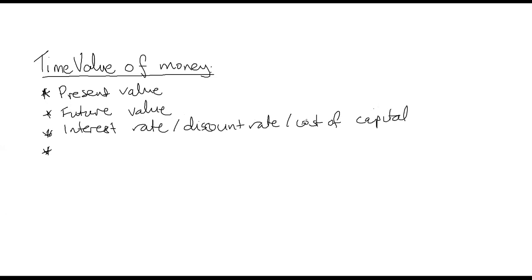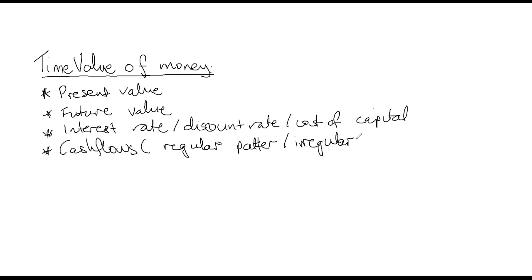I'm also going to explain what we mean by cash flows. With cash flows, we can have what we call a regular pattern of cash flows, or irregular or unconventional. I'm going to explain what we mean by all of this.